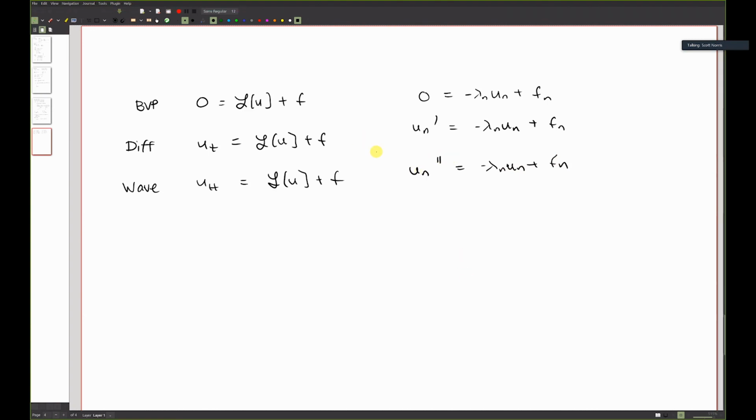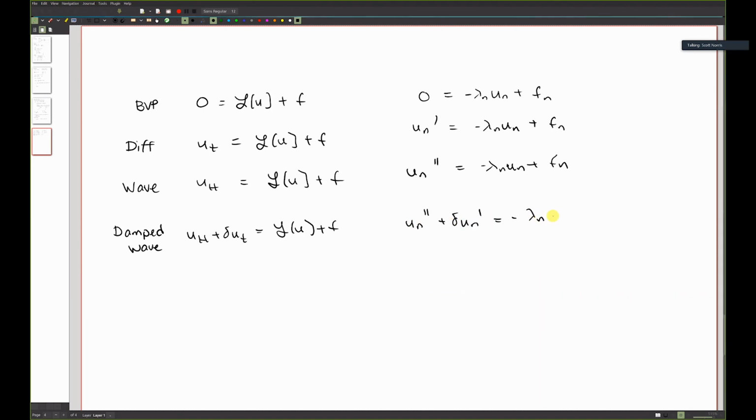Or in the homework, you could even say the damped wave equation u_tt plus delta u_t equals Lu plus F. You get u_n prime prime plus delta u_n prime equals minus lambda sub n u sub n plus F sub n.